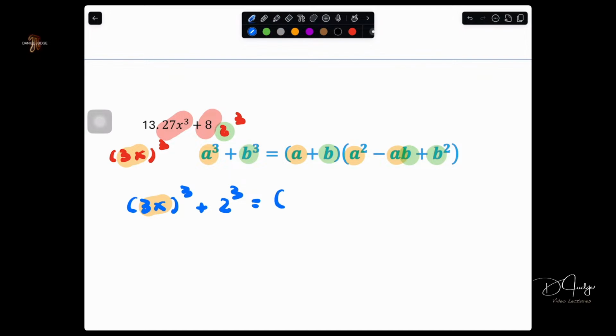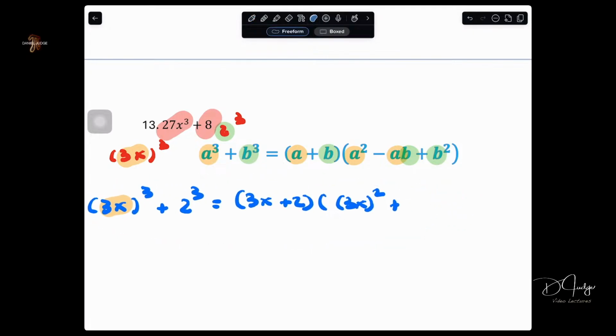So we're going to say 3x plus 2 times 3x squared plus, we're going to need more space, 3x times 2 plus 2 squared. So you get 3x plus 2.